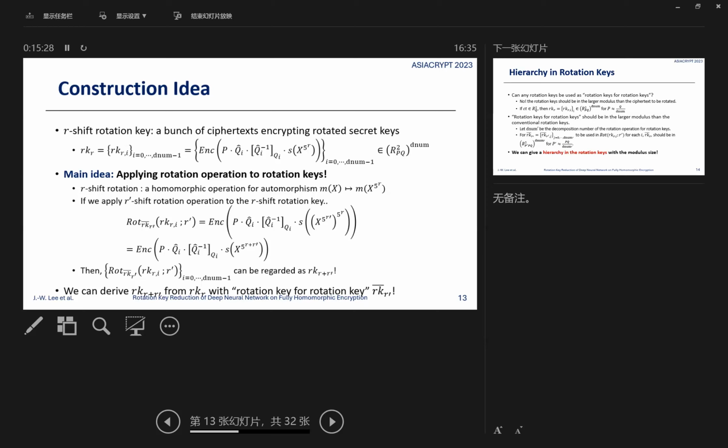If we apply the rotation operation to the rotation keys, this rotation operation is actually a homomorphic automorphism. So if we apply R prime shift rotation to the R shift key, then we can generate the R plus R prime rotation key with this rotation operation. So this is the main idea of our work: rotation operation to rotation keys. So how can you generate this rotation key with all the rotation keys?